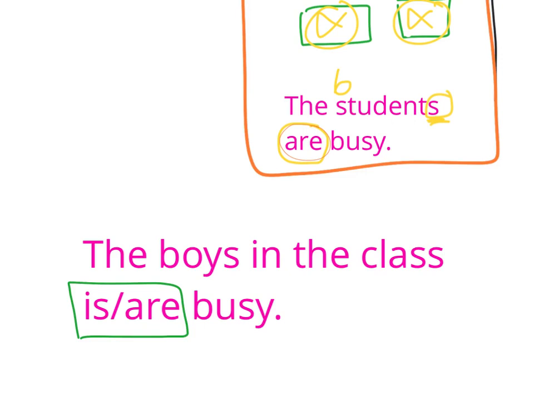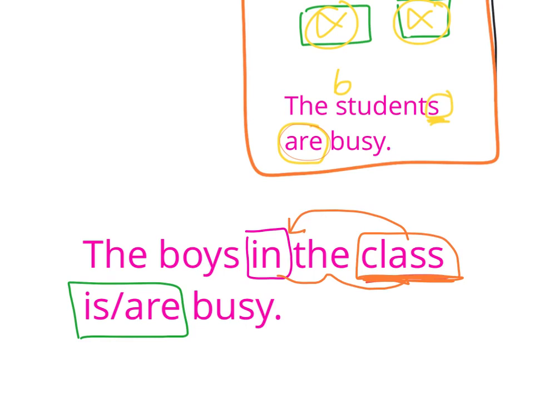But the noun that comes before it is class. But I want you to look at what comes before that. This is a preposition, in. And if we have a preposition, we need to keep looking for the noun that comes after it. Here it is. So class is the object of this preposition, and it goes into this box.